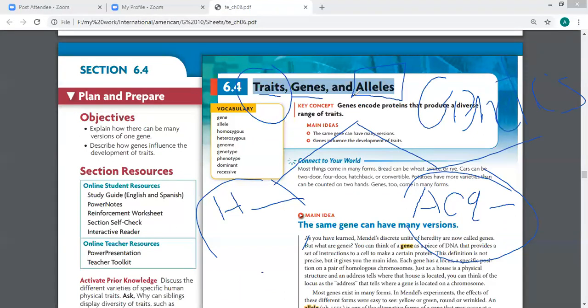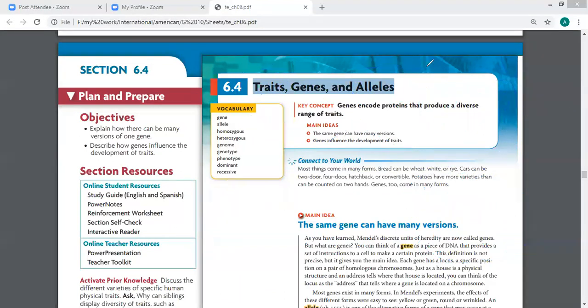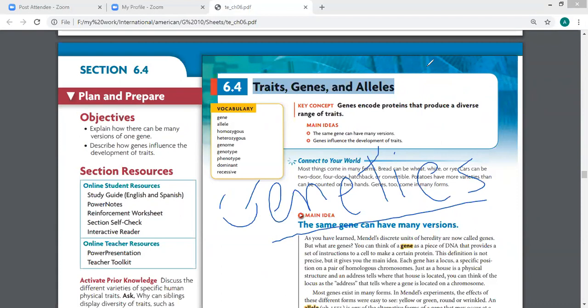So you must know the meaning of genetics. Again, genetics is the study of how traits get passed from parents to their offspring.